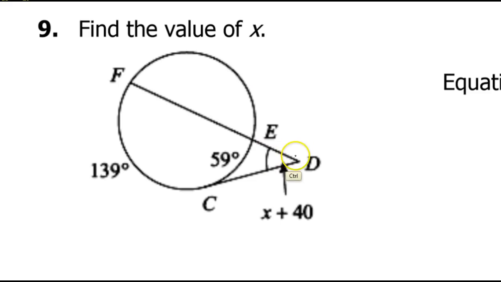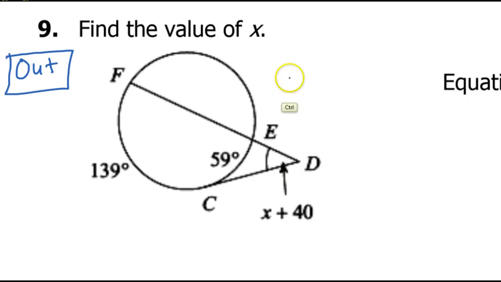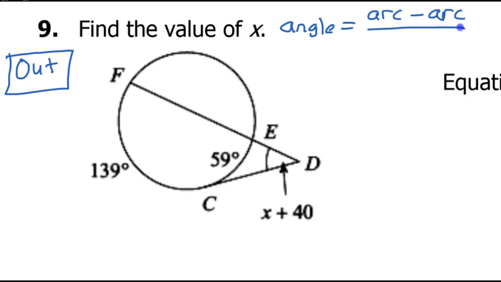All right, here we have another outside the circle problem. This is another out problem, and when the angle is outside the circle, we know that the formula goes angle is equal to the big arc minus the small arc divided by 2.